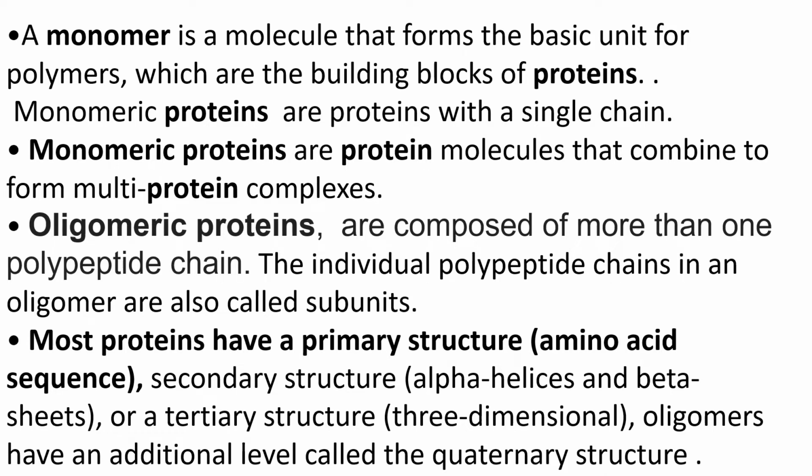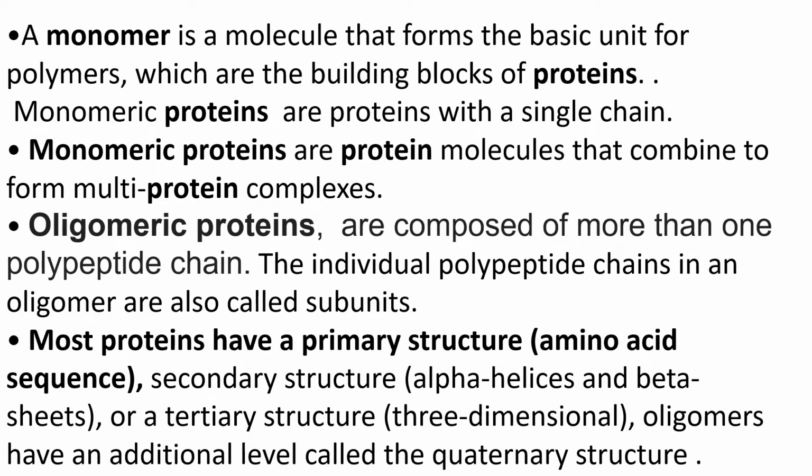So monomeric proteins are made up of a single polypeptide chain, and multiple monomeric proteins, when they combine, form multi-protein complexes. Oligomeric proteins are composed of more than one polypeptide chain. An individual polypeptide chain in an oligomeric protein is called a subunit.